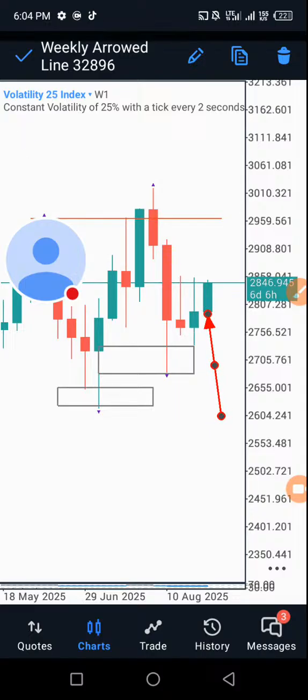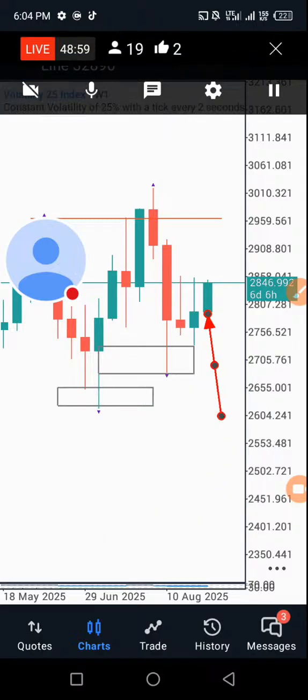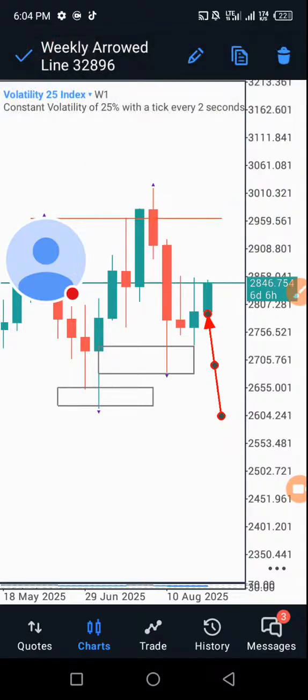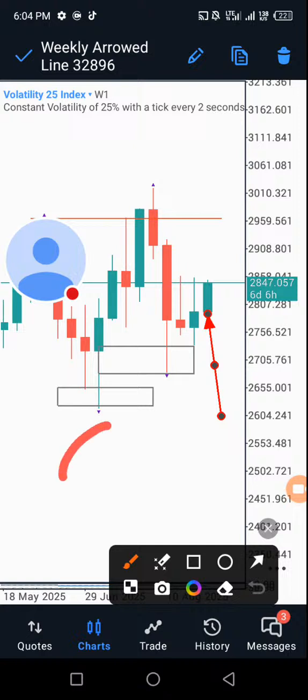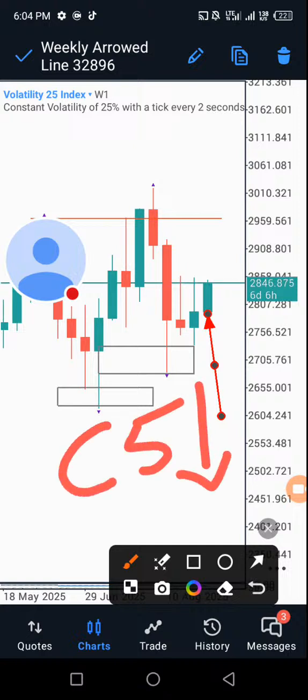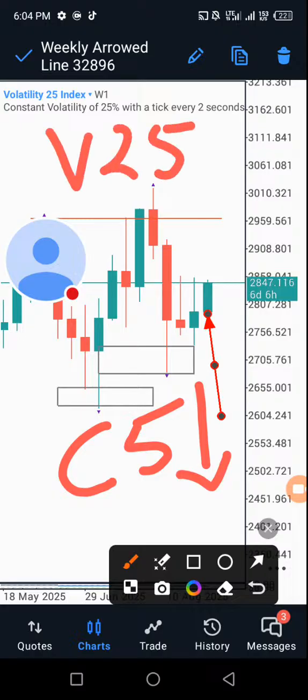So guys, another bias I'm having for VIX 25, we can keep our eyes on this market that we've highlighted. So far so good. We said crash 500 should go for a sell. VIX 25 now, I'm anticipating it should go for a buy, right?